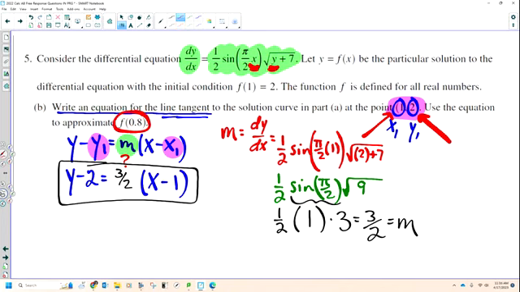Let's call this 2. For 5B, we found the equation of a line tangent right here. That's what all this work was. Here was the equation of the line, and then we figured out that the estimation of f of 0.8 was 1.7.